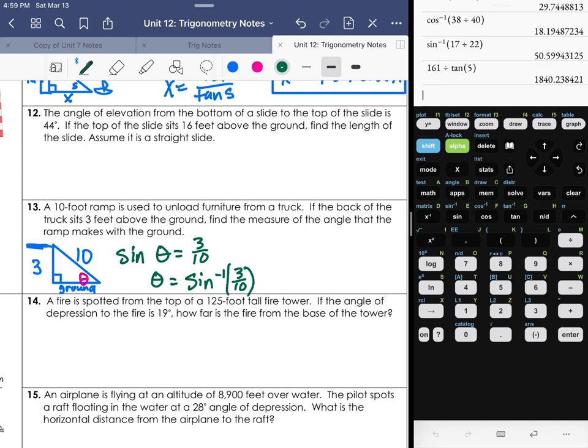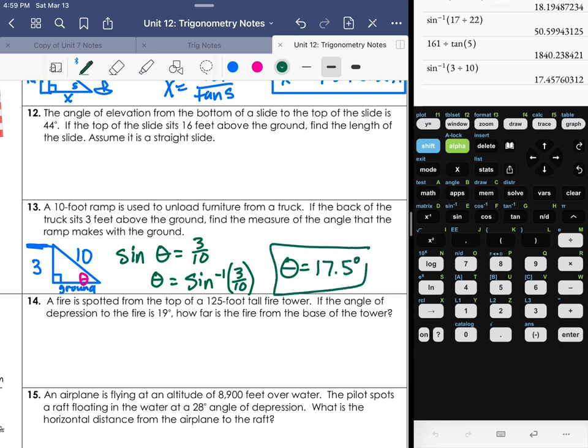So we're going to go over here and do second or shift. I think it's second on your TI-84s. That gives us inverse sine of 3 divided by 10. So the angle is 17.5 degrees for this particular truck.